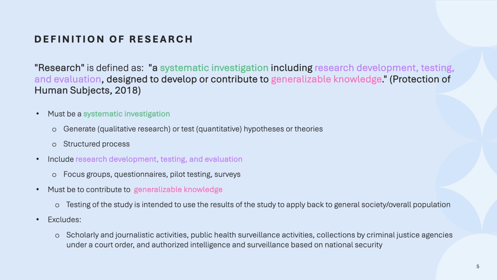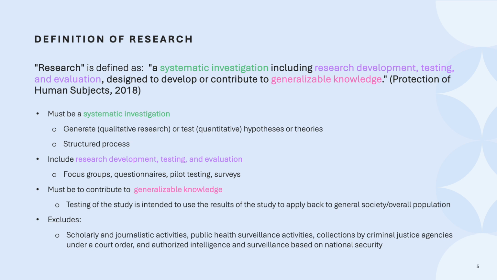In the redefinition of the Common Rule, there are exceptions to what classifies as research. In 2018, the Common Rule excluded scholarly and journalistic activities, such as literary criticism and journalism, surveillance for public health purposes, data collection conducted by criminal justice agencies authorized by a court order or law, and any authorized activity defined for national security or defense.